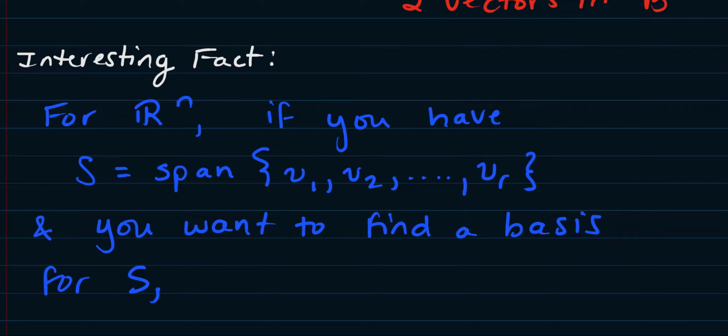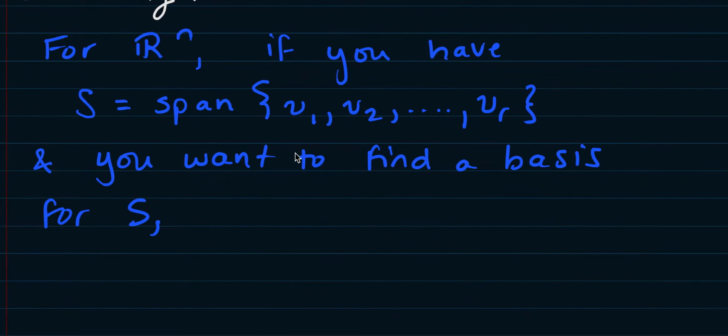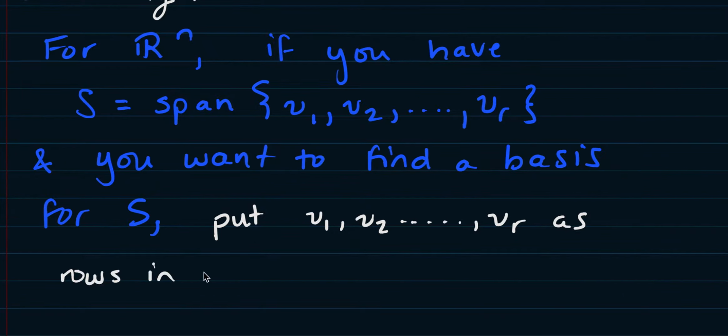All you need to do, now remember these are vectors in Rn, so they're column matrices, you can put them as rows in a matrix. So if you want to find a basis for S, put V1, V2, and so on as rows in a matrix.